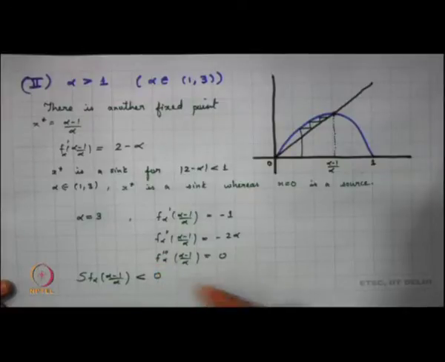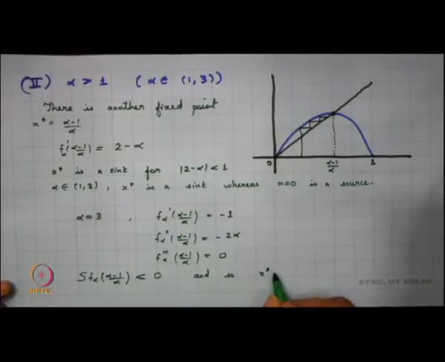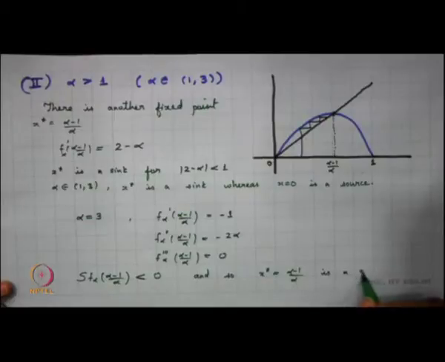Since this Schwarzian derivative is less than 0, this fixed point x star equal to (alpha minus 1)/alpha is a sink.